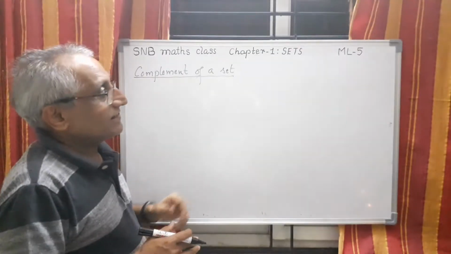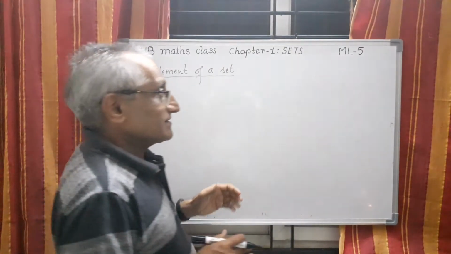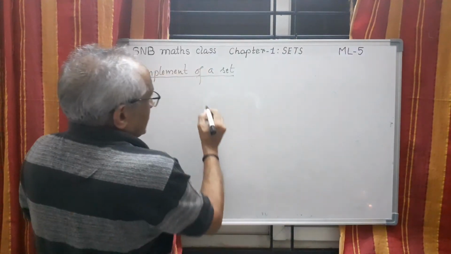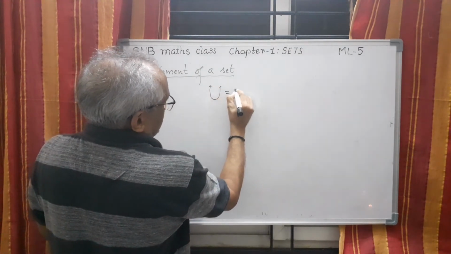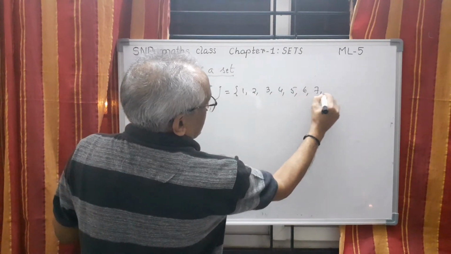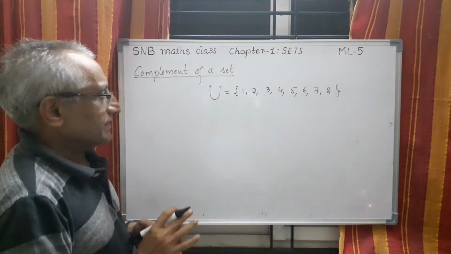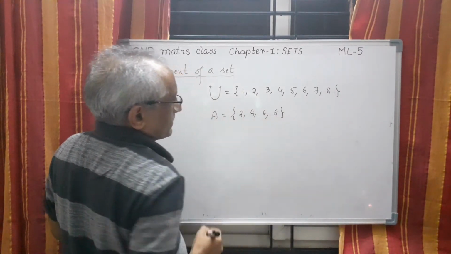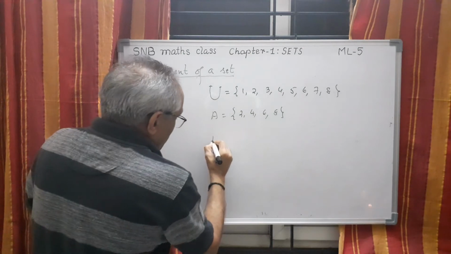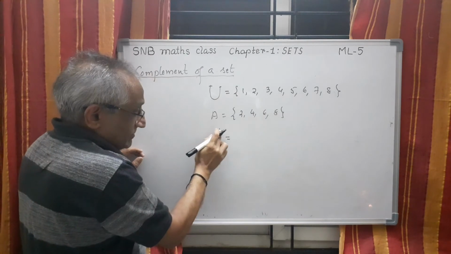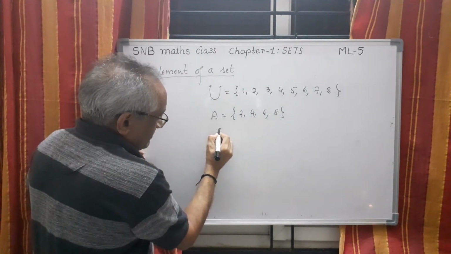In the next class, that is ML6, let us discuss more about this complement. I am just introducing the concept. You take a set U, say for example 1, 2, 3, 4, 5, 6, 7, 8, a bigger set. Suppose A equals 2, 4, 6, 8. Then A complement, there are two symbols: you can use a dash, or you can use C, where C means complement.